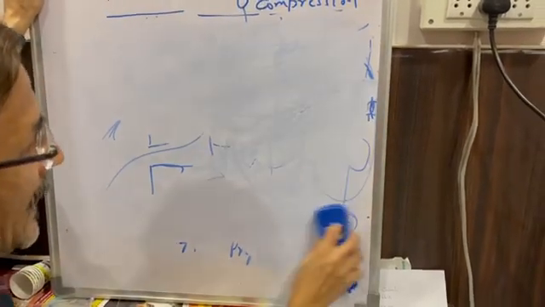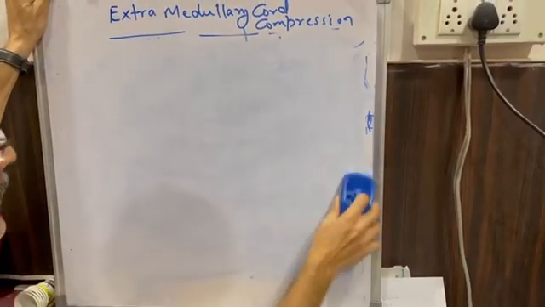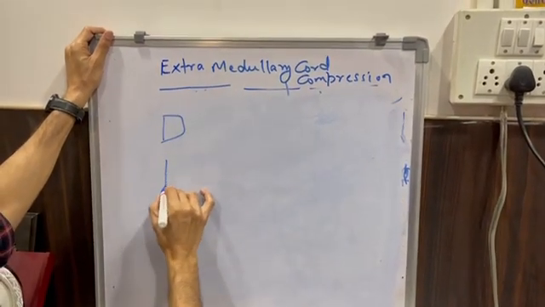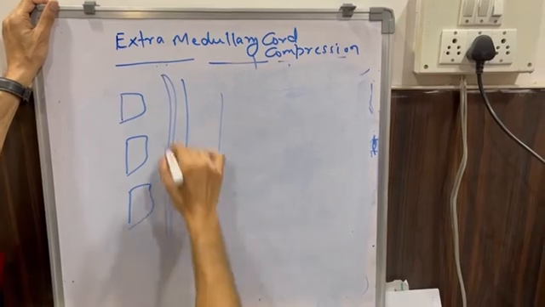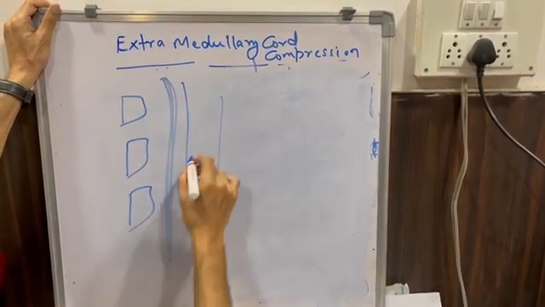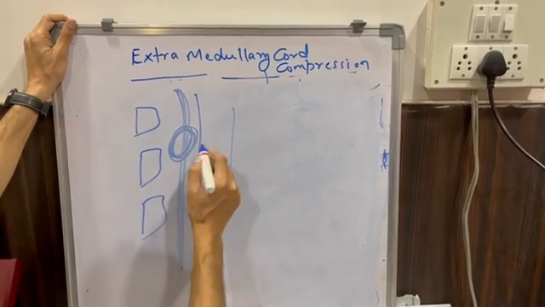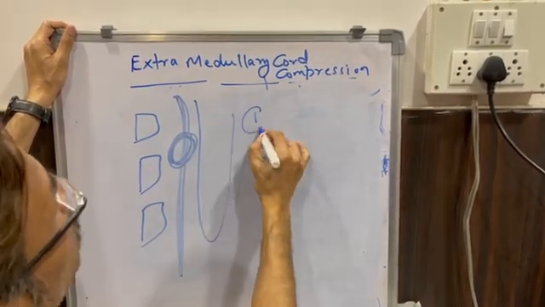Now coming to the second aspect of extramedullary cord compression, that is the lesion is extramedullary but intradural. Extramedullary but intradural, covering the meninges which is covering the spinal cord, the lesion is here. So what are those lesions which are extramedullary intradural lesions? They are usually tumors.